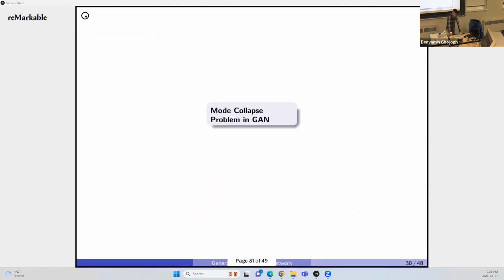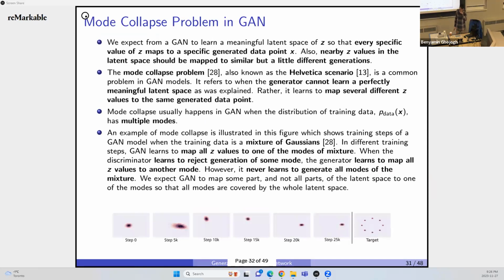What is mode collapse? Again, we expect from a GAN to learn a meaningful latent space of Z, right? As I told you, what is a meaningful or semantic latent space of Z? Every part of this latent space corresponds to something.